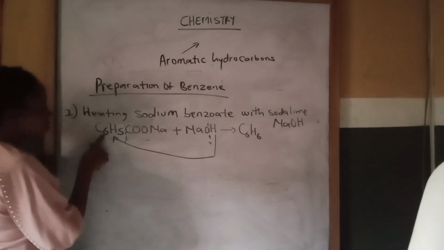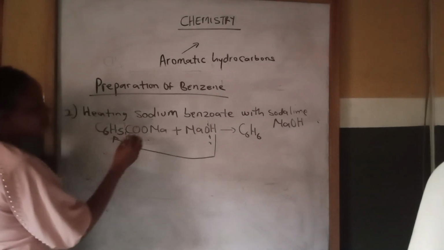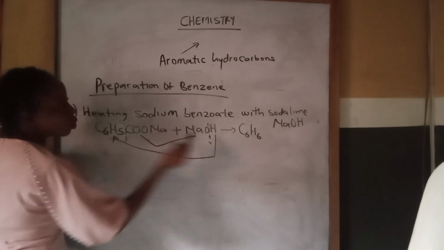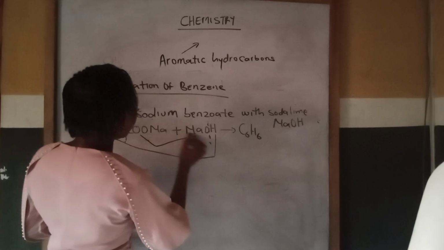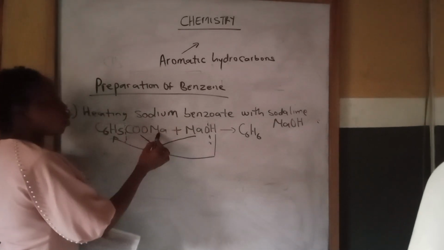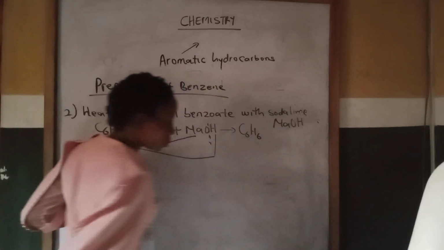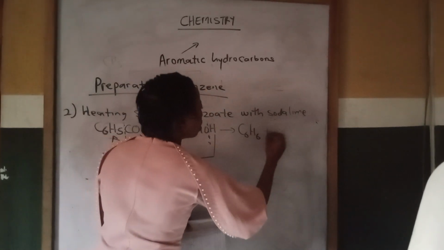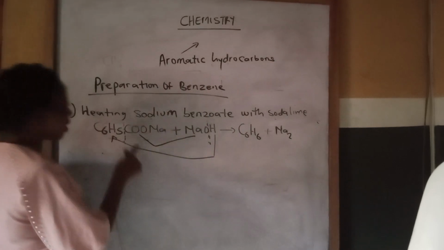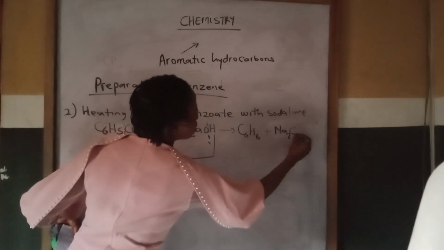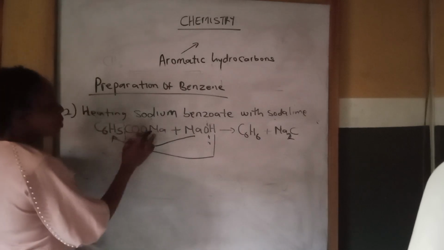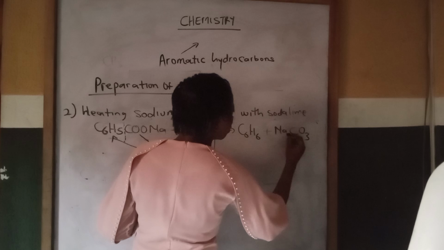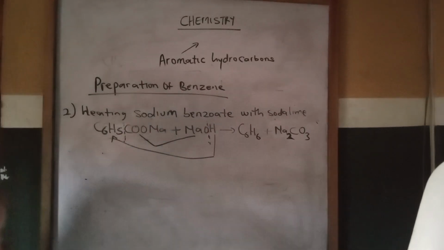That is hydrogen plus C6H5 will give us C6H6. Then COONa, the OH, will combine with NaO to give us Na. We have one sodium here, that is 2 sodium, that's Na2. Then one carbon atom. Then how many oxygen? 2 oxygen here plus 1 oxygen here will give us 3 oxygen to produce sodium carbonate, Na2CO3.